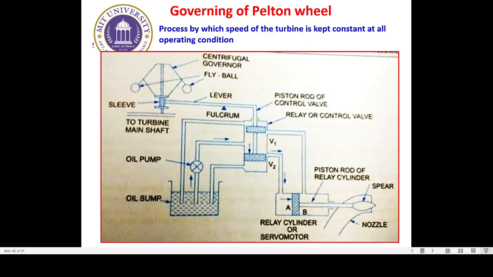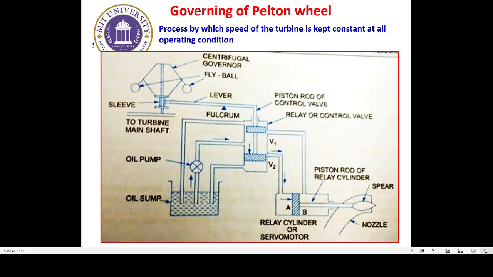Due to this higher than normal speed, the centrifugal governor, which is mechanically connected to the turbine shaft, will also rotate at higher speed. And due to this higher speed, the flyballs attached to the governor also try to move in the upward direction, isn't it?